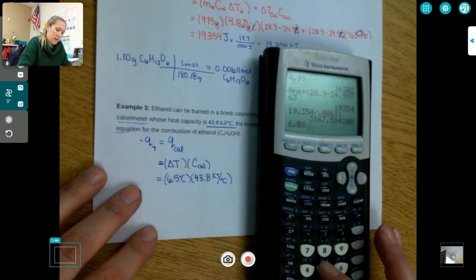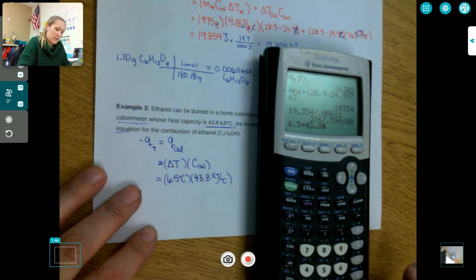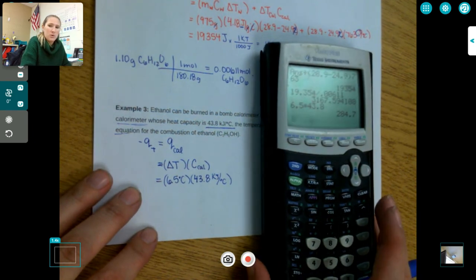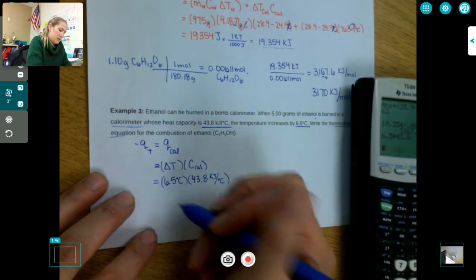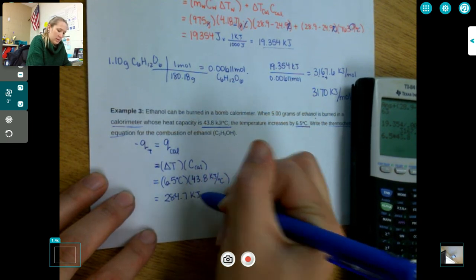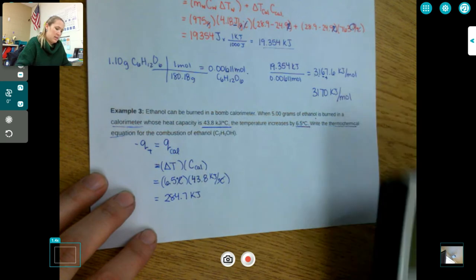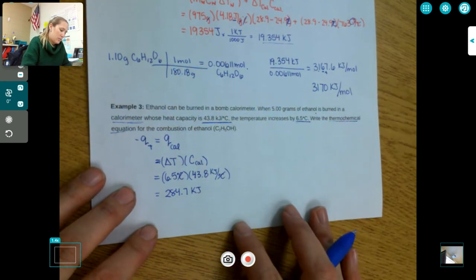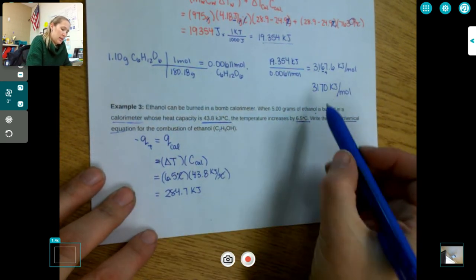So 6.5 times 43.8 is 284.7 kilojoules, because my degree Celsius cancels out.